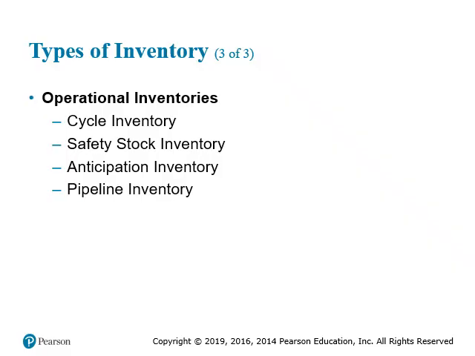Safety stock inventory is the extra can that I have in my pantry. So the reason I have that safety stock inventory is in case, let's say, there's a strike at Amazon.com, or maybe there's a bad weather event and I've ordered it and it's supposed to come by Monday morning, but it doesn't come by Monday morning.